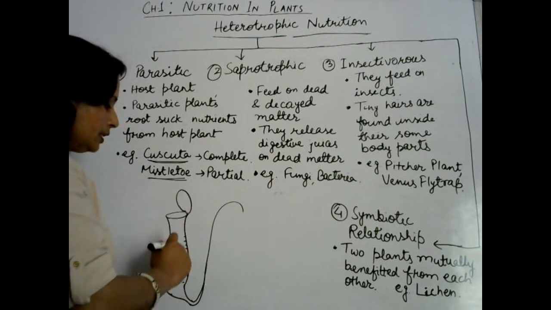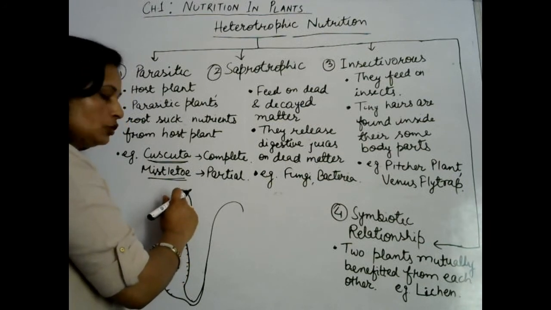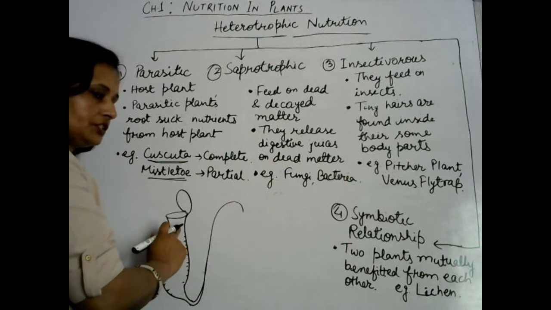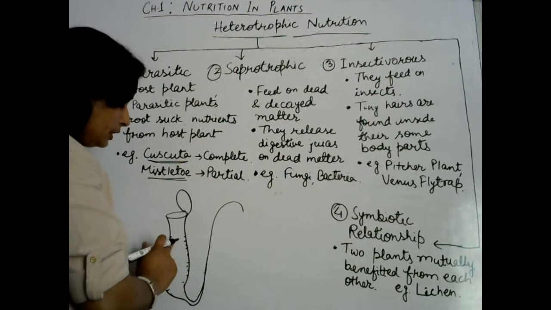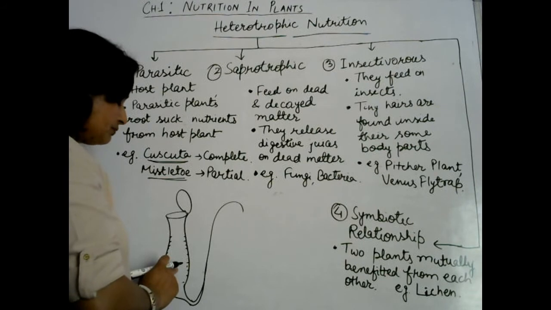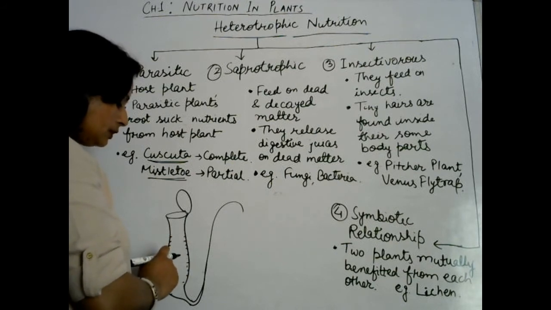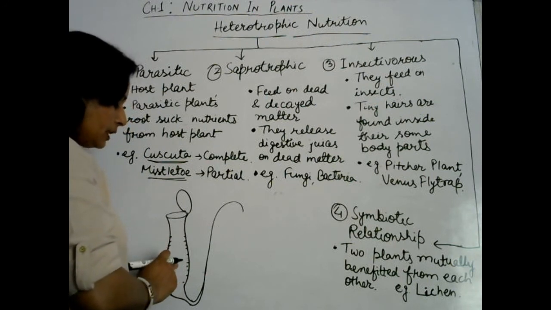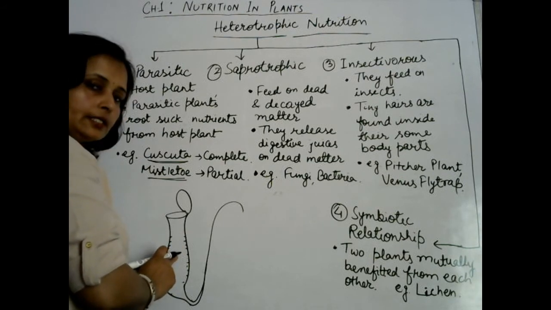This pitcher is actually a modified leaf, and the tip of that leaf is modified into a lid-like, cap-like structure. When the insect comes inside, the tiny hairs entangle it, there is also some sticky substance, and the pitcher plant releases digestive juices, digests the insect and gets nutrients.